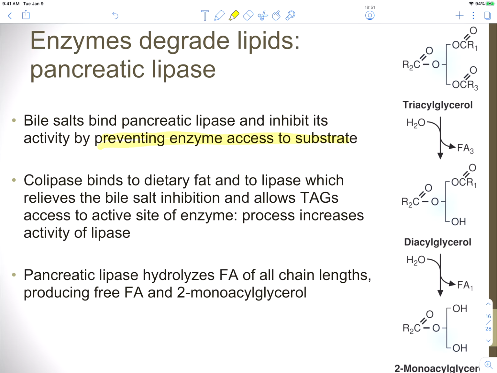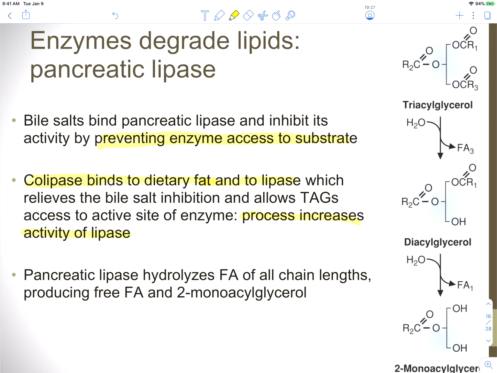Now, the importance of colipase is that colipase binds to dietary fat and to lipase, and this relieves that tension of the bile salt inhibition and allows your fats to have access to the enzyme. And this process increases the activity of lipase. Without colipase, lipase breakdown of fat would be very slow, too slow, metabolically slow. So colipase is, again, kind of like a coenzyme, and it's bringing the two pieces of the puzzle together so that you can get breakdown of your triacylglycerols into a form that can be absorbed.